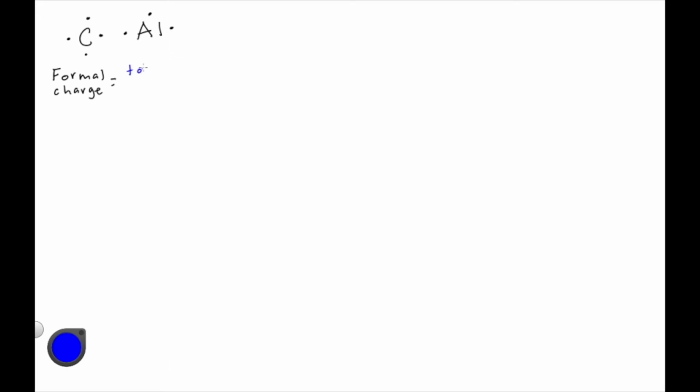So the total number of valence electrons, which we can determine using that atom's group number.